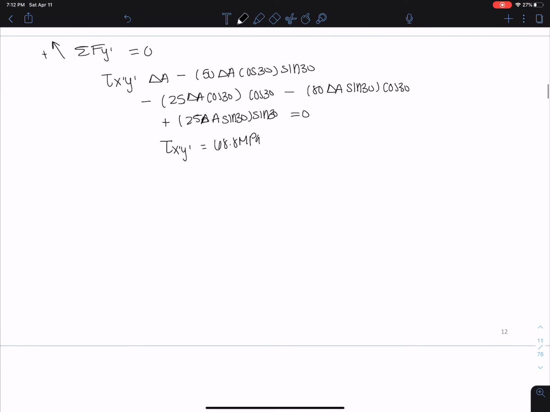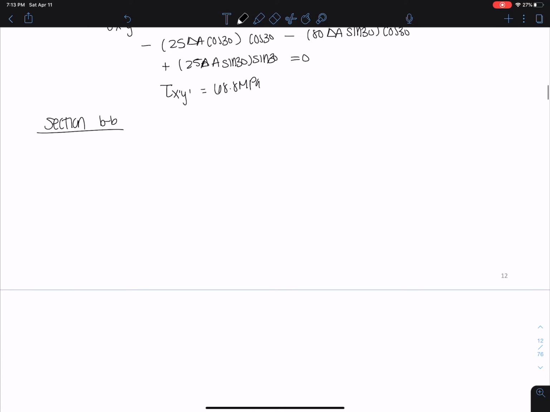Okay, so I'm going to redraw right here the same way we did for AA, and we get this delta A sine 30, if this is our 30 degrees, we get a delta A cos 30, and we get a delta A. So everything needs to be multiplied by those components when we put it on here.